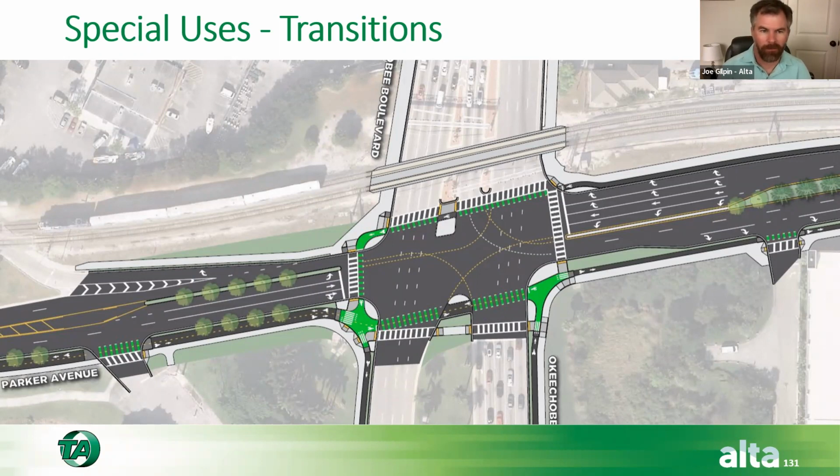And I wish I knew what the status of this project was, but several years ago, I was reviewing a project in Redwood City that was similar to this. It had a class 1. It was at a 101 freeway interchange, and they were looking at using protected intersections to help both make the intersections and interchange points safer, but also to handle some of the transitions between the class 2s that were there and the class 1s that were on the side of the road coming into that area from different angles.